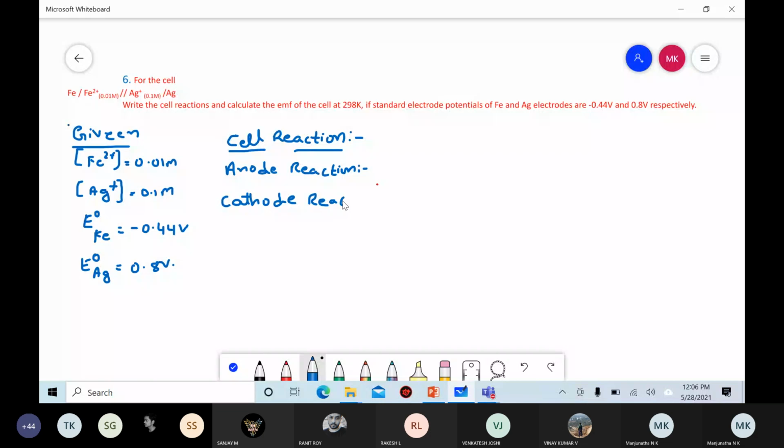After identifying, you write down the cell reaction. First write the anode reaction. Here iron acts as anode, therefore write the oxidation reaction of iron: Fe gives rise to Fe2+ plus 2 electrons. Then write the cathode reaction, that is the reduction reaction of silver. Silver is a one-electron change reaction, therefore Ag+ plus an electron gives rise to Ag.